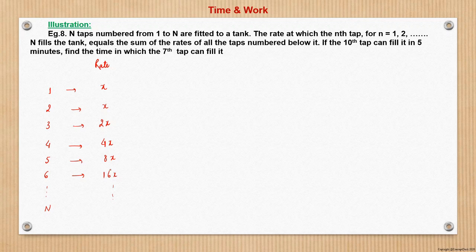So is it not in the form of 2 raised to power 6 minus 2x? Here it is 2 raised to power 5 minus 2x. Here it is 2 raised to power 4 minus 2x. So here I can write 2 raised to power n minus 2x. This is the generic one.